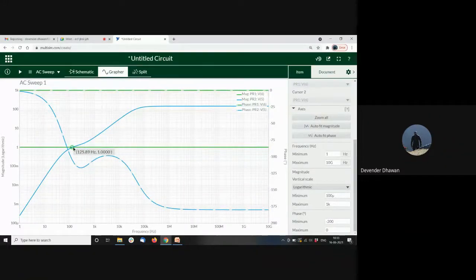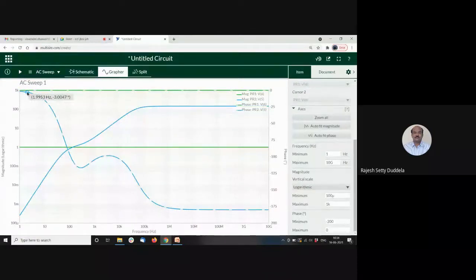Now we did change some of the values, so that is why it has come to 125 Hertz now. The phase is also changing, as you can see. For different input frequencies, we have different phase variation in our output signal. So we can measure that also.